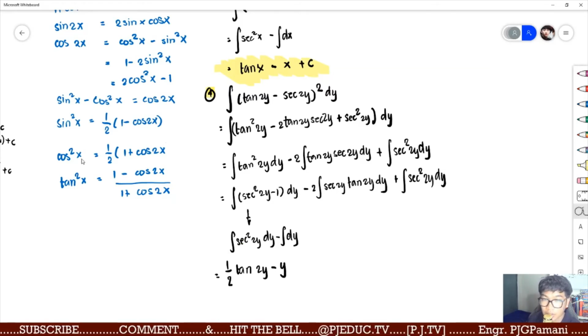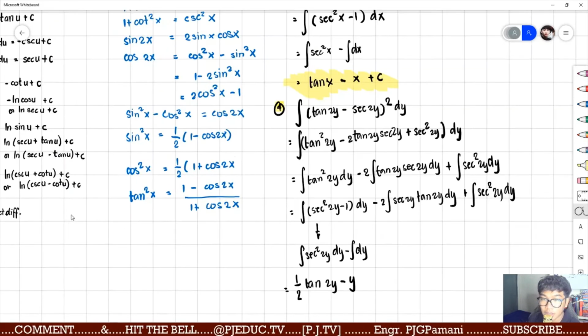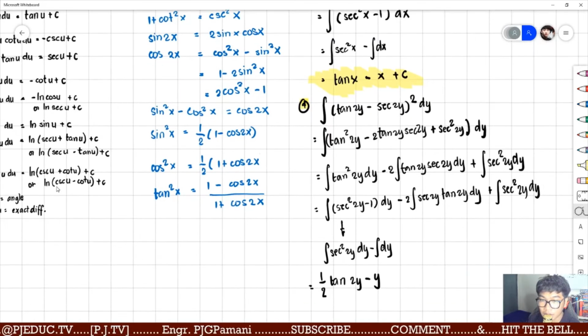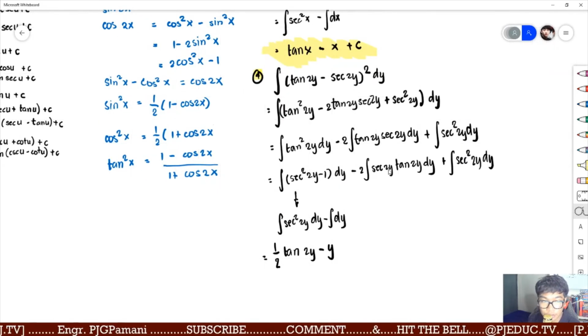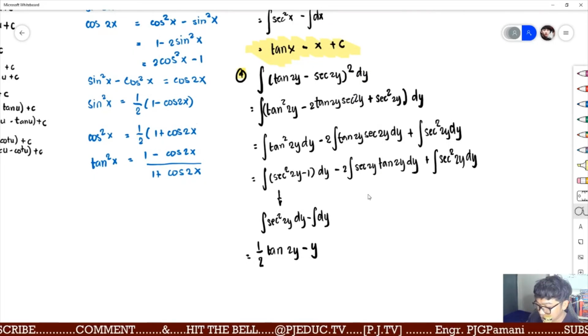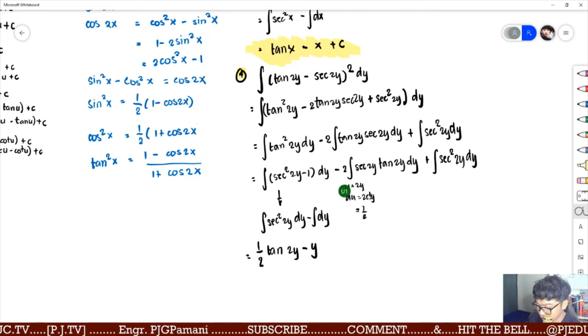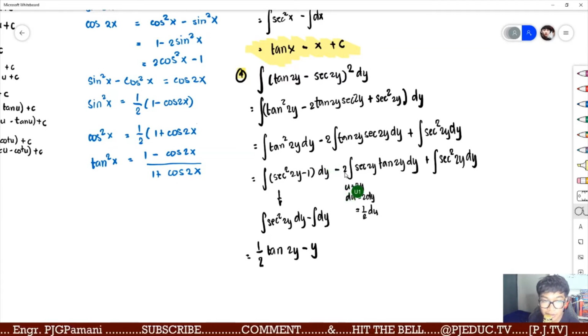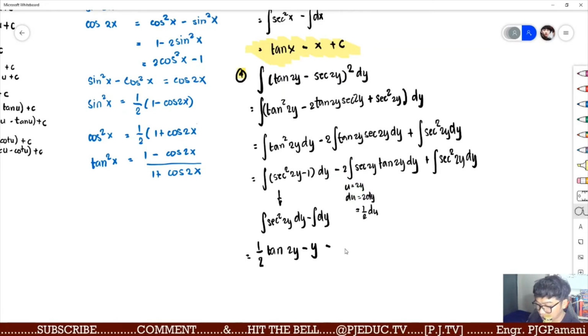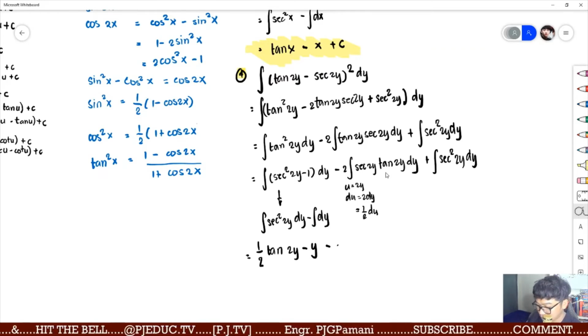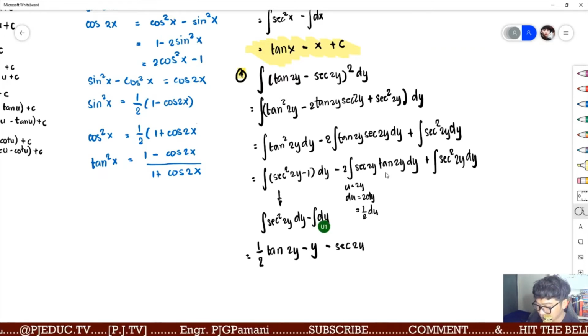Next, the integral of secant u times tangent u is simply secant u. Knowing that we have the term 2y in our integrand, again we introduce a correcting factor of one half. So one half times our constant 2 is basically 1. Then the integral of secant 2y tangent 2y is secant 2y.